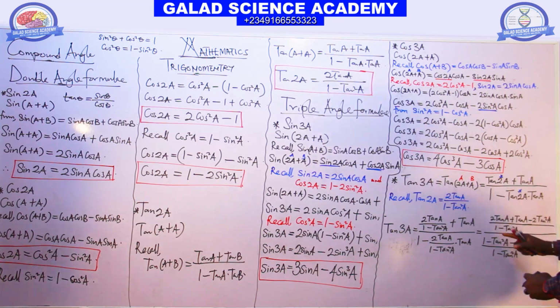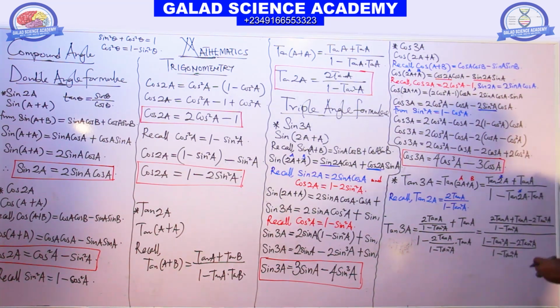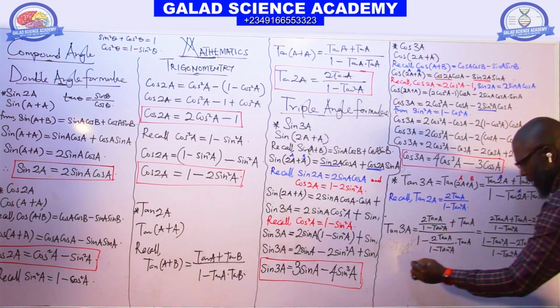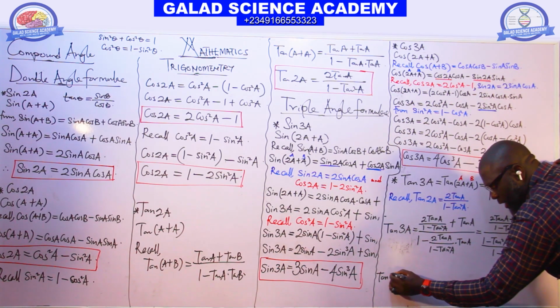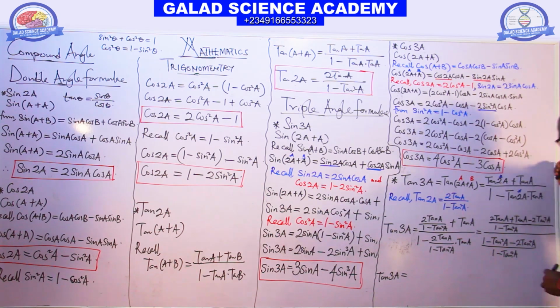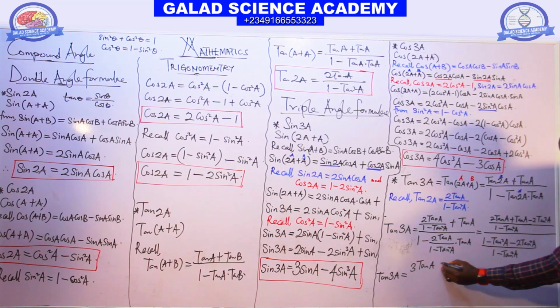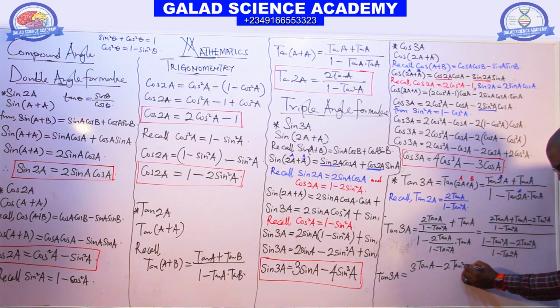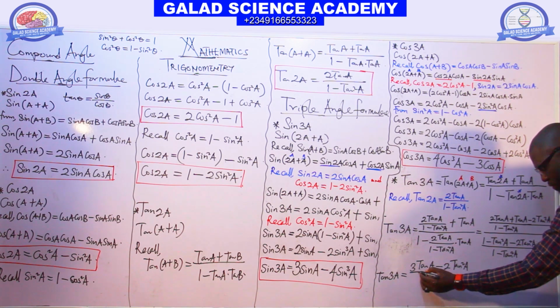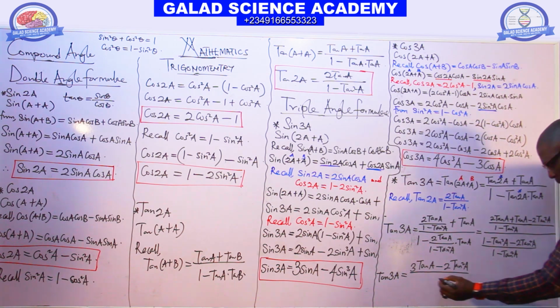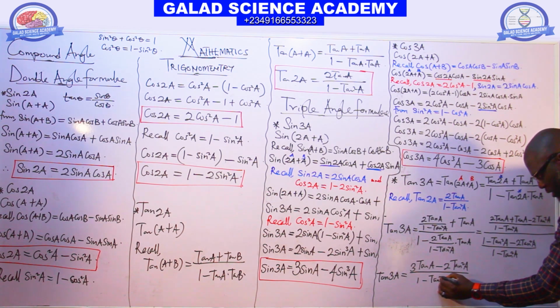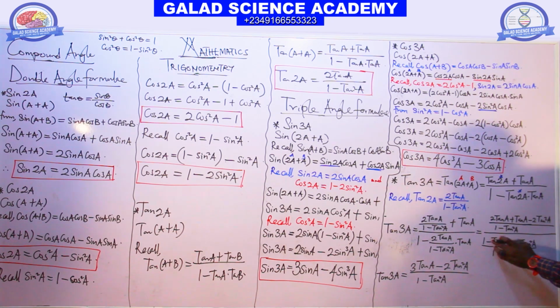Then the next thing is this expression here. 2 tan A plus tan A gives us 3 tan A. So you now have tan 3A should be equal to 3 tan A minus 2 tan cube A over 1 minus tan square A. So this division, let me change it to multiplication.